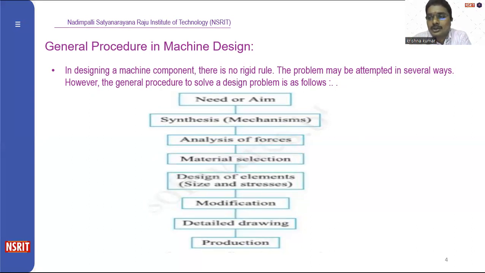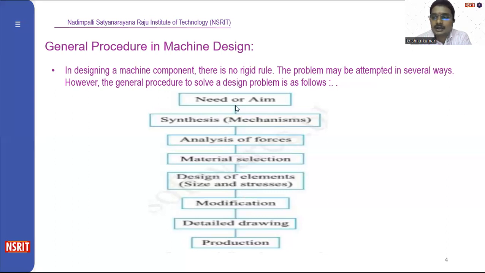They give some generalized examples or statements, and we take the ones required for our design. If we face any problem, it may be attempted in several ways, so we can adapt the process and select an appropriate procedure for our design, right?